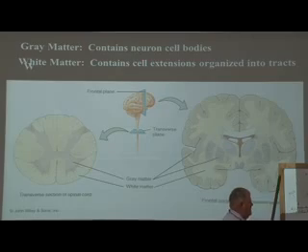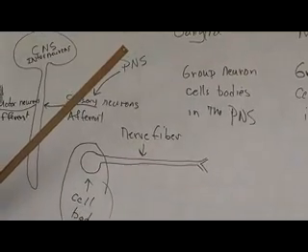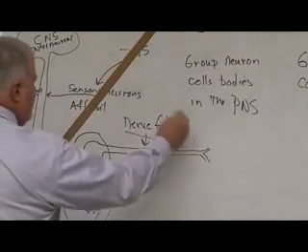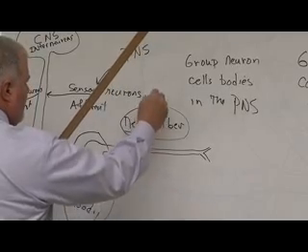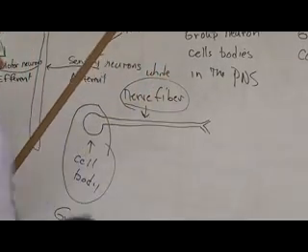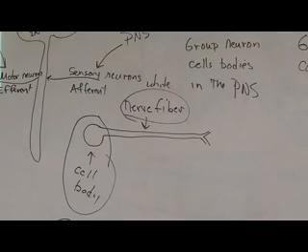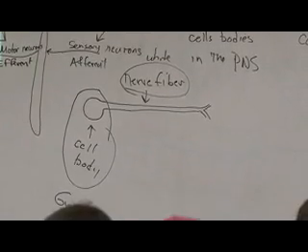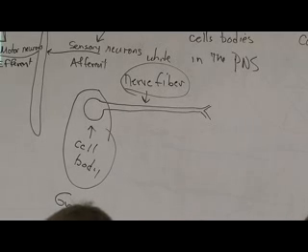So what we're really looking at in the central nervous system is this would be found as a component of gray matter, and this would be found as a component of white matter. It's just the appearance that it has.